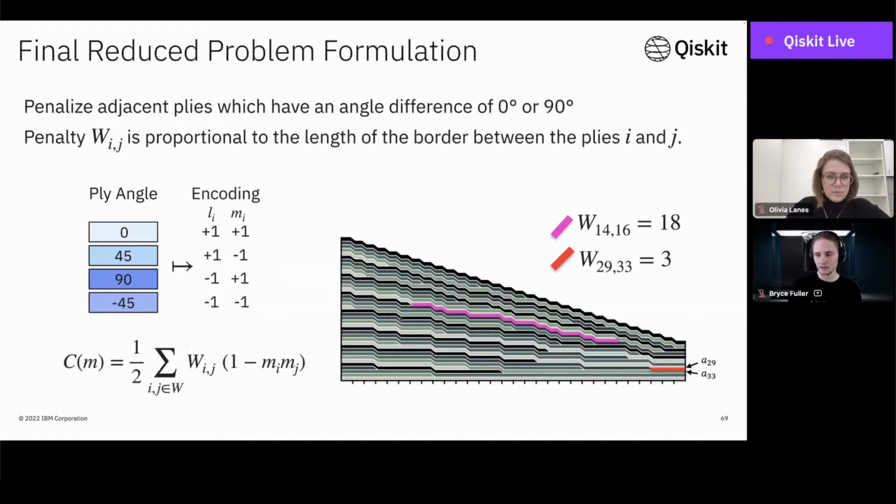And the weights are going to be basically proportional to the surface area of how far these plies touch, right? So if I have 2 plies that are next to each other for a very long stretch of the wing, then I'm going to care more if they violate this constraint than if they were to touch in a much smaller place, like this red constraint over here. This is how we generate the problem instance.